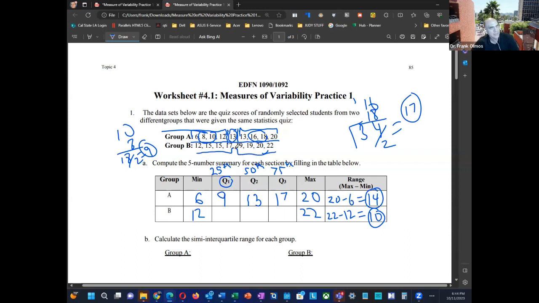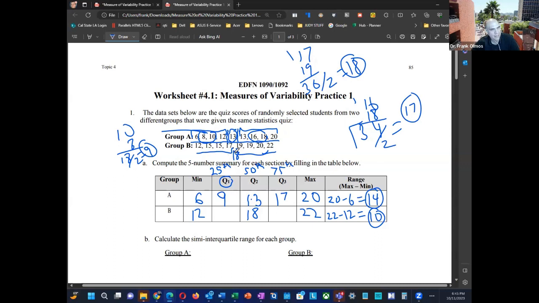Get the middle numbers, 17 plus 19 divided by 2, which equals 18. So 18 is kind of an artificial number there.